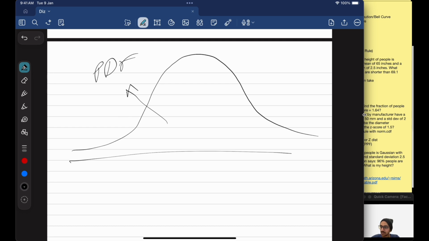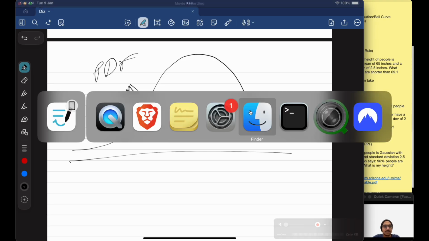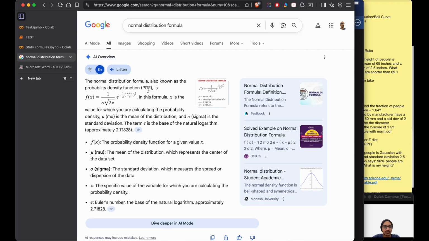Probability density function. So the reason we are using the table is obviously because the PDF for normal distribution is hard. We saw this. To find this, we have to plug in these values and calculate using this formula, which is a tedious process.